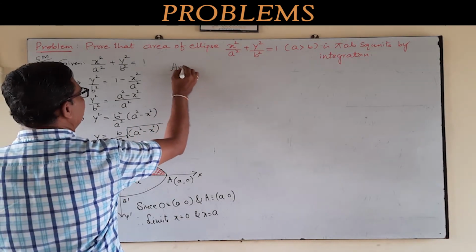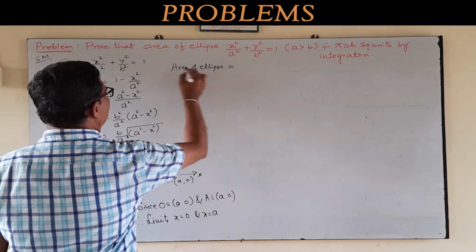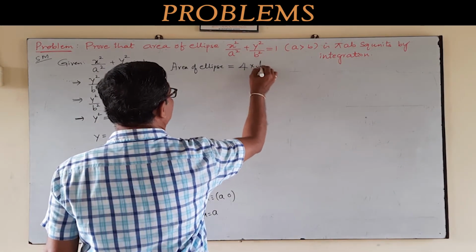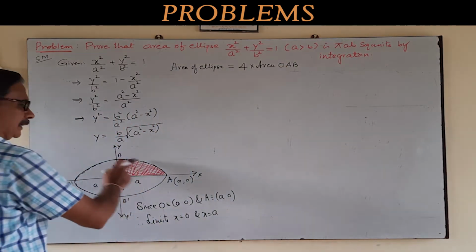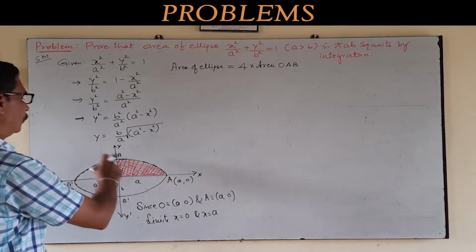Area of the complete ellipse is equal to 4 times area OAB, because the curve is symmetric, 4 parts. That's why I am taking 4 into area OAB.